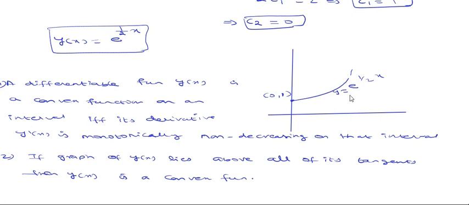So here the function y equal to e power 1 by 2x is a convex function because it's a differentiable function.